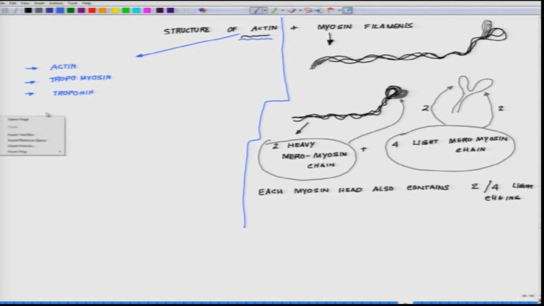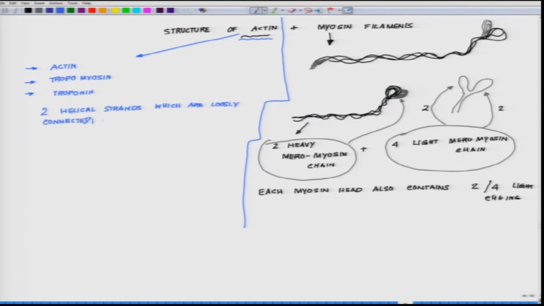made up of 2 helical strands which are loosely connected, okay. 2 helical strands which are loosely connected.